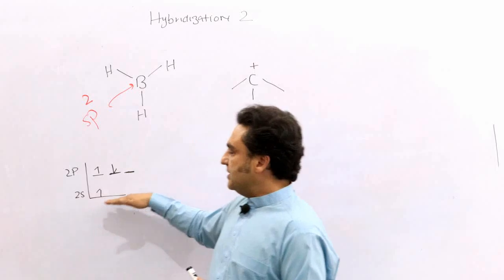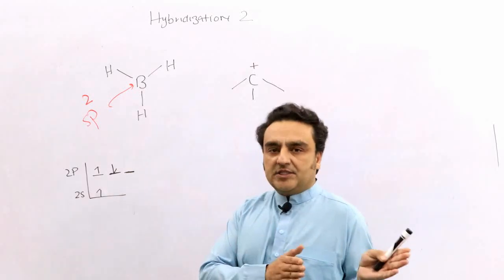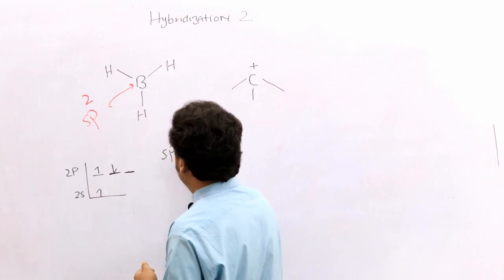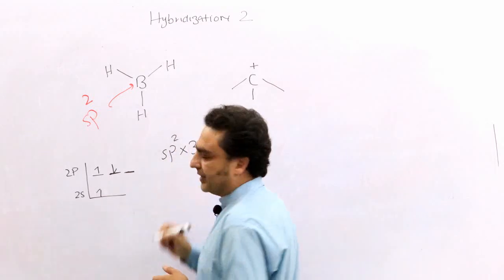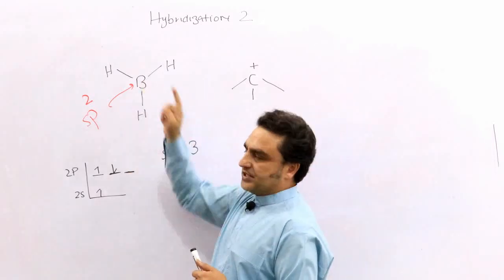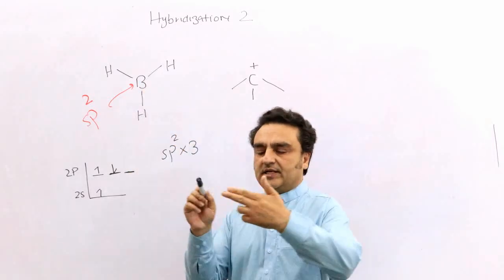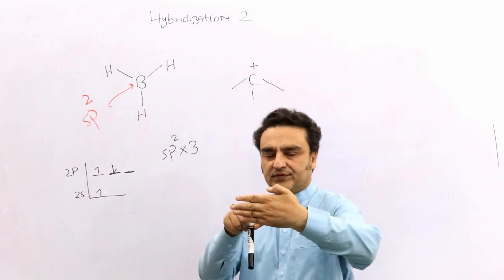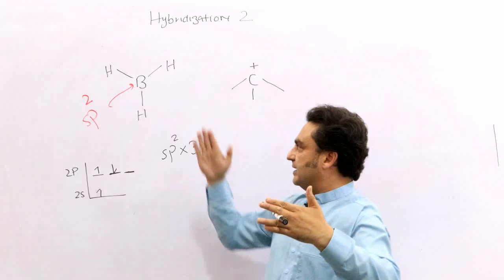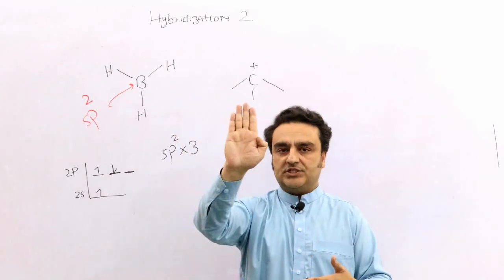So what happens? It produces 3 sp2 orbitals, 3 in number, and 1 vacant p orbital which is present on the boron atom. Suppose this is a boron atom, my fingers are half towards you and half right here, because boron is a flat molecule.